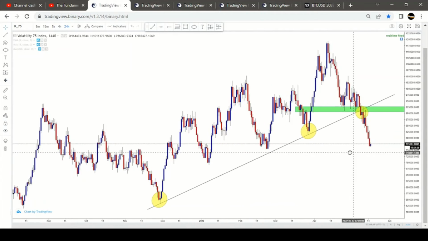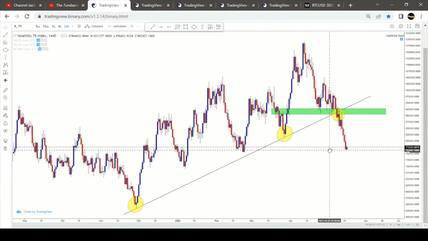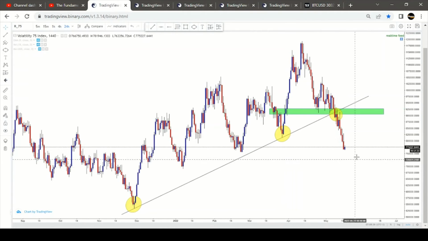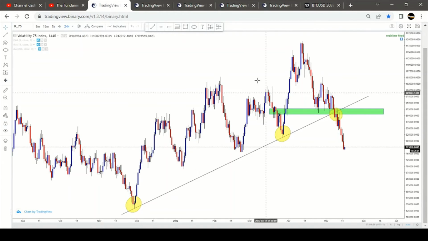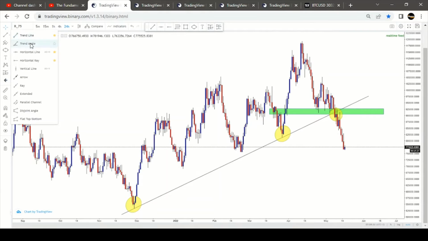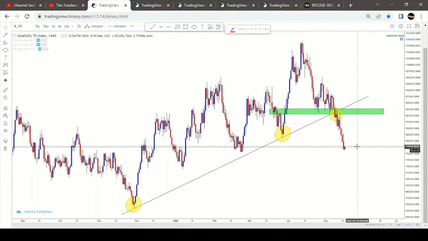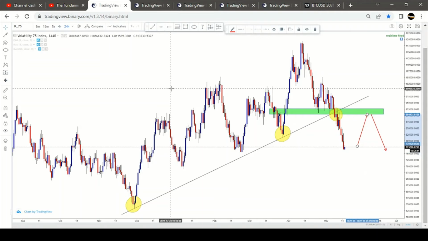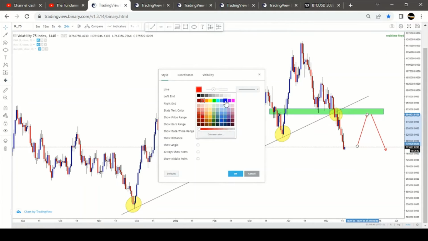What I would advise with Volatility 75 is, if we do get a reversal in the zone, let's say anywhere in this area over here, we could see the market go up, retest that area, and then come down.